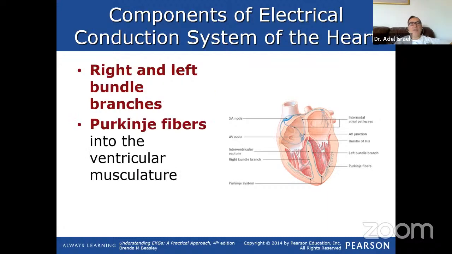Then the bundle of His will subdivide and branch into the right and left bundle branches, and the right one goes to the right ventricle, and the left one goes to the left ventricle, and eventually we get the Purkinje fibers, which are in the ventricular musculature itself. And the Purkinje fibers also have their own rhythm.